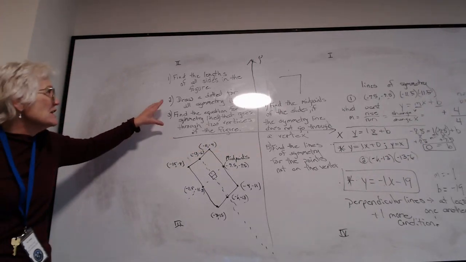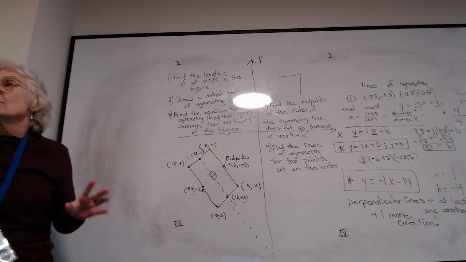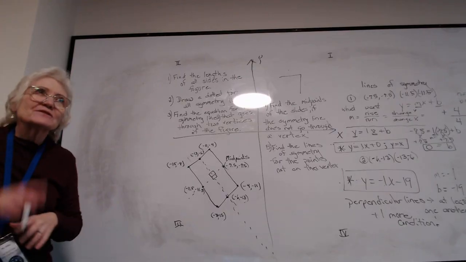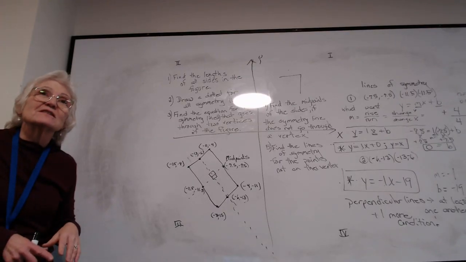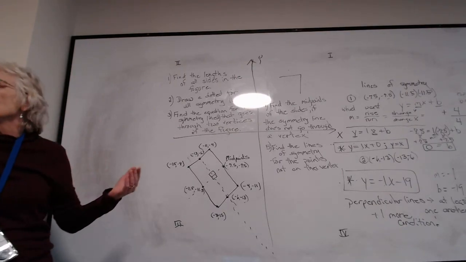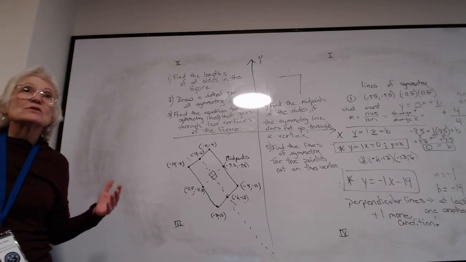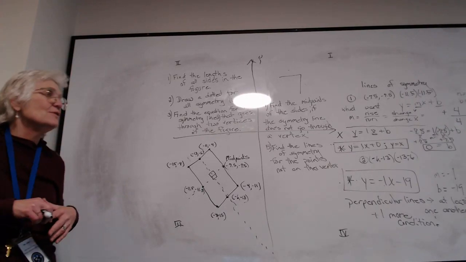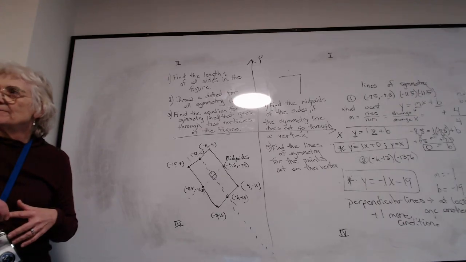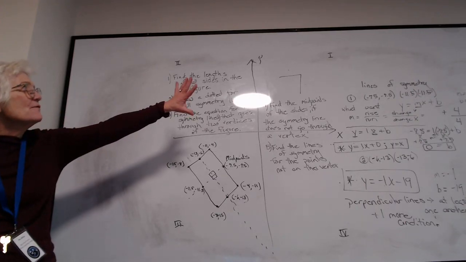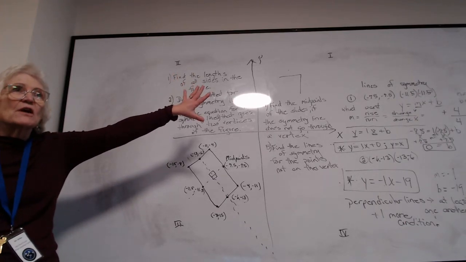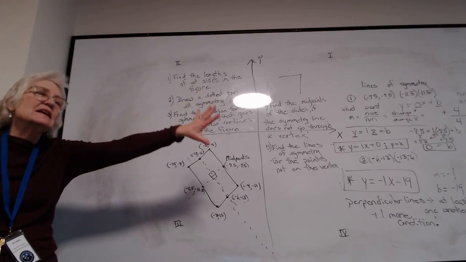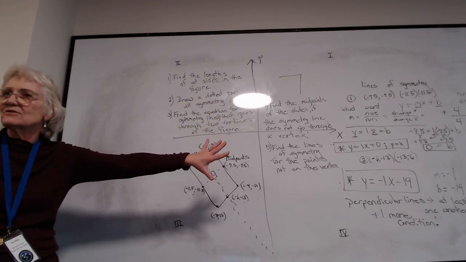You may have lines of symmetry that go through the vertices, and you may have a line of symmetry that goes through midpoints. So you have to look at that very closely to see what you have. You're going to do that for the triangle and the octagon that we had yesterday.